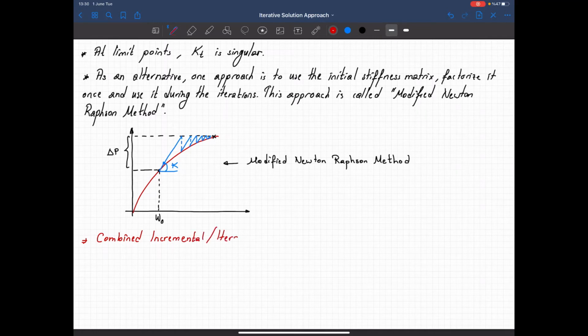Because while tracing the load deformation curve, we will check if we see any limit point, and whether the structure becomes unstable while converging to the equilibrium state. So we want to see that. That's why in a geometric nonlinear analysis, we usually prefer to perform a combined incremental and iterative solution.